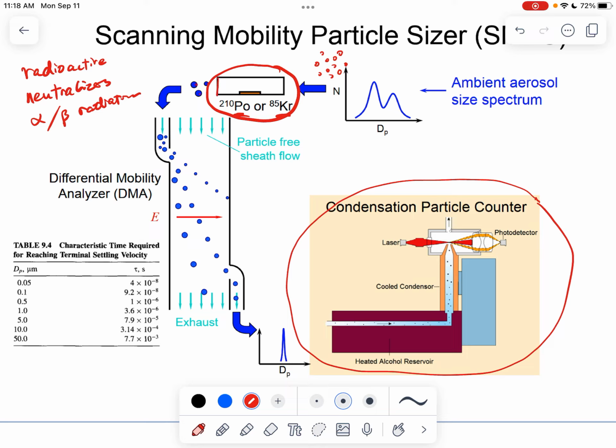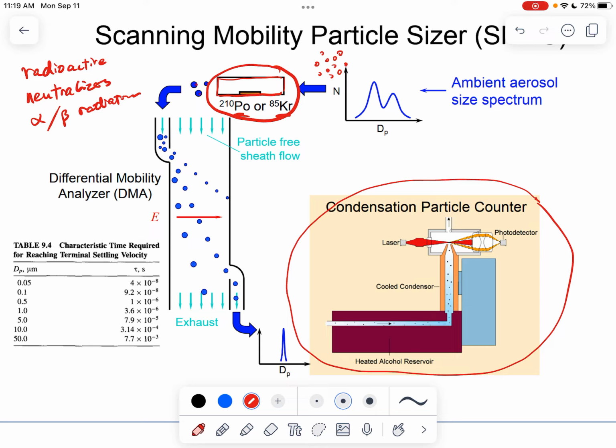Although these sources are closely enclosed in boxes or cylinders, you never know if there are physical damages. For example, you drop it onto the floor, then some of these radioactive materials can be released, right? And you're subject to some high radiation.